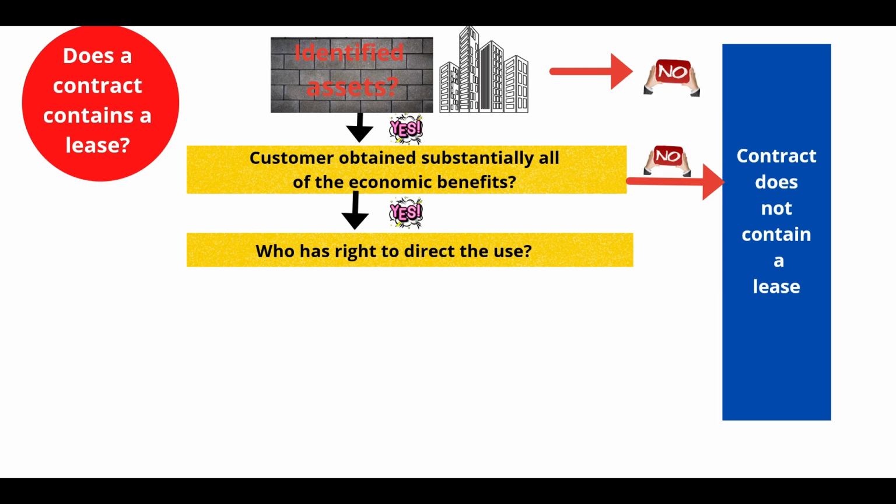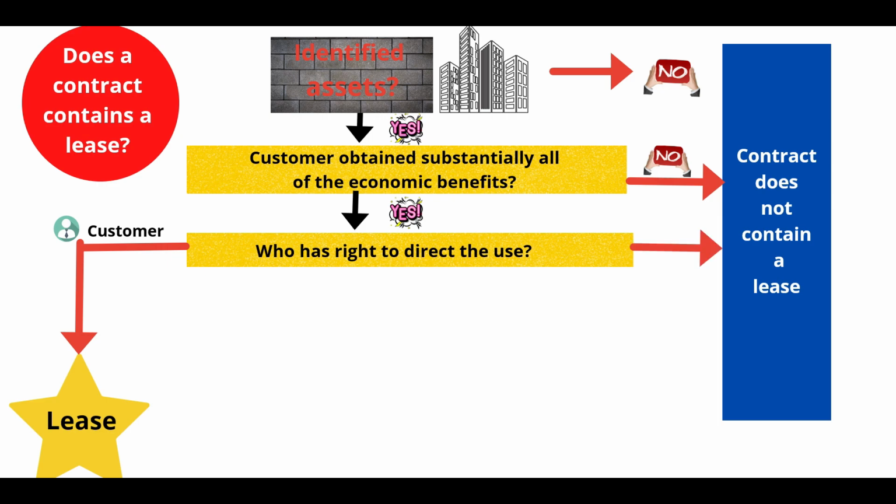So if the customer has the right to direct the use of the asset, then it's a lease, and we don't need to assess any more conditions. However, if the supplier has the right to direct the use, then the contract does not contain a lease.